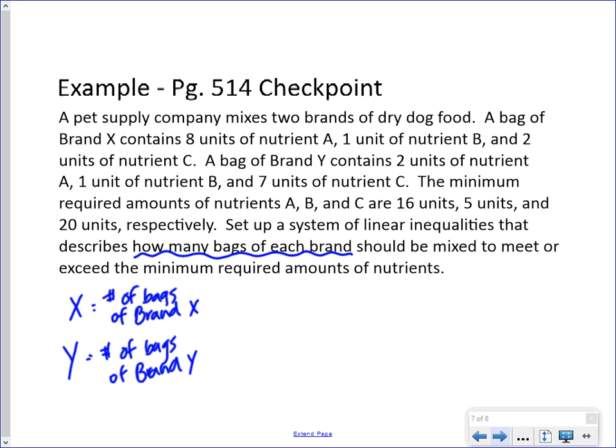Nutrient A, nutrient B, nutrient C. Focus on one nutrient at a time. We know brand X has 8 units of nutrient A in a bag. Brand Y has 2 units of nutrient A in the bag. It carries over onto the next line. And the required amount of nutrient A should be at least 16, right? So what kind of inequality could I write right there?